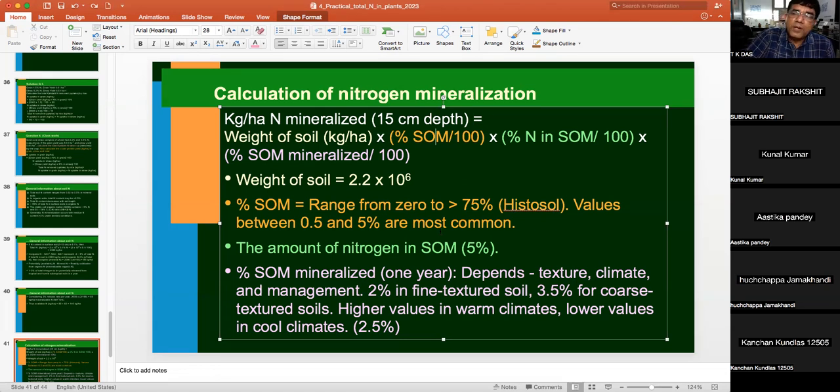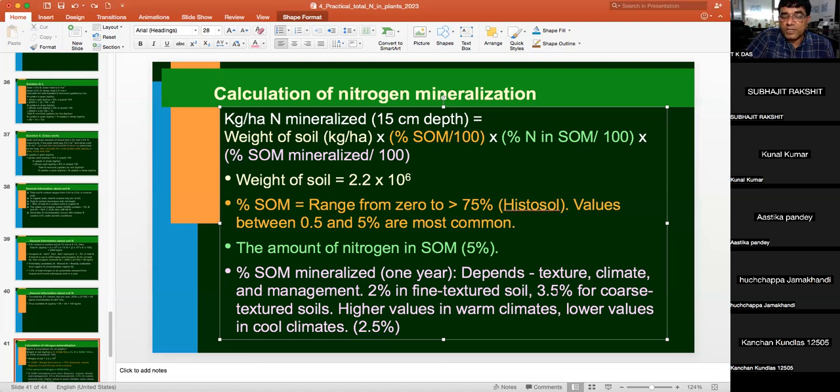So a value may be given to you for the soil organic matter percentage. And then the amount of nitrogen in soil organic matter, here it is assumed as 5%. 5% nitrogen is there in the soil organic matter. And percentage soil organic matter mineralized in 1 year depends upon texture, climate, management. But on an average, 2% in fine texture soil and 3.5% for coarse texture soil.